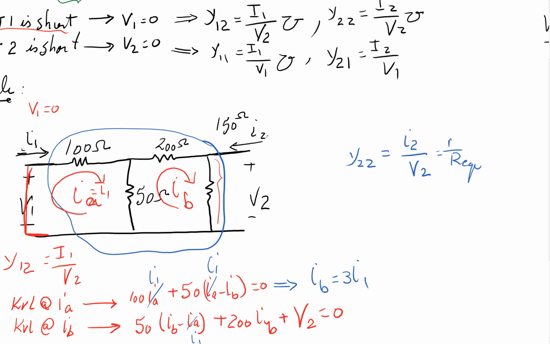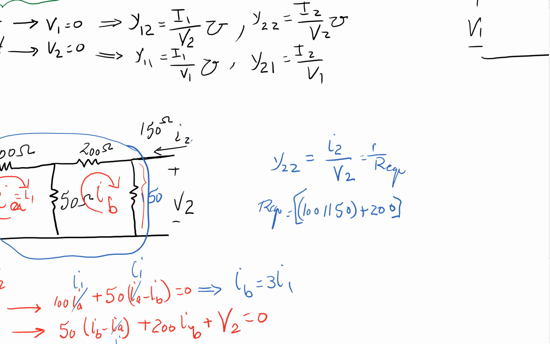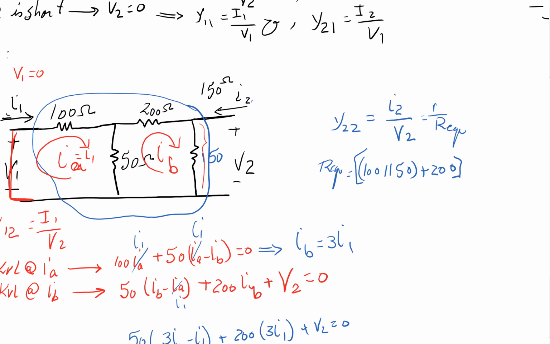For this case it's really easy. R equivalent is going to be the 100 in parallel with 50, and that is in series with 200. Then this whole thing is in parallel with 150. I didn't write this down, but this is 150; somehow we didn't catch it or it got erased.